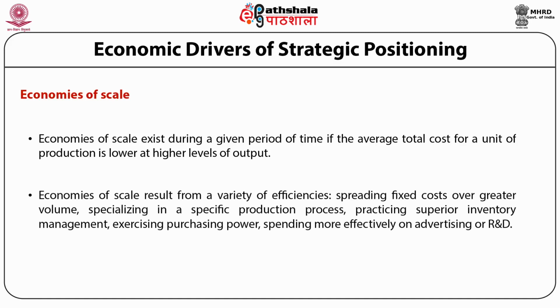Economies of scale result from a variety of efficiencies: spreading fixed costs over greater volume, specializing in a specific production process, practicing superior inventory management, exercising purchasing power, and spending more efficiently on advertising or research and development.